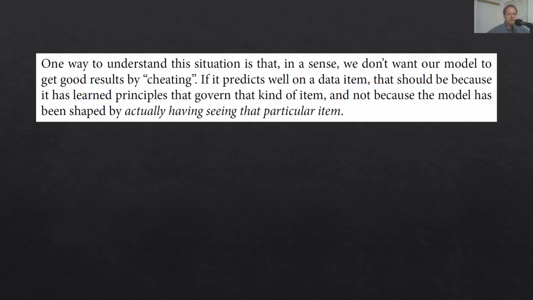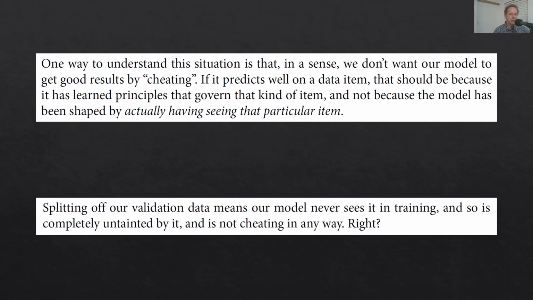So that's the kind of cheating that we're trying to avoid. We don't want it to memorize our particular data set. So we split off our validation data. And most of these words you're seeing on the screen are from the book. I just copied and pasted them. So if we split off our validation data and make sure that our model never sees it during training, it's completely untainted by it, so we can't possibly cheat. Not quite true. We can cheat.